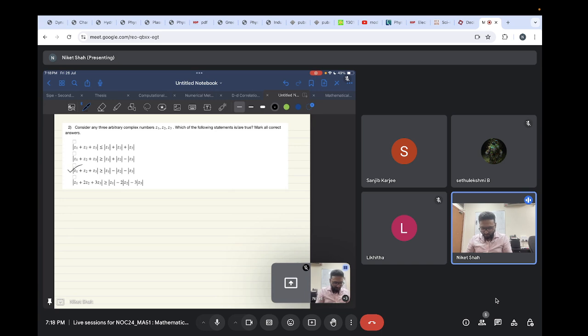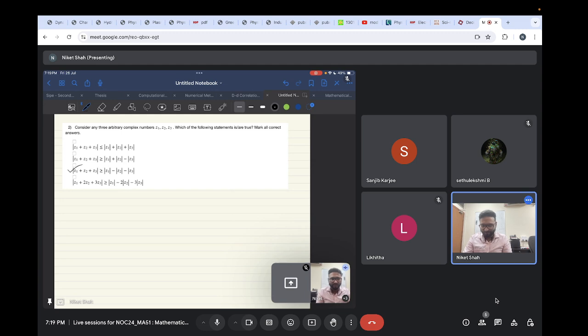So here there are four parts. The first part is obviously directly the triangle inequality. The second, third and fourth parts need a little bit of manipulation. So I'll solve only the third part here. The second and fourth part you can do by yourself, following the method of the third part. It should be fairly straightforward after that.